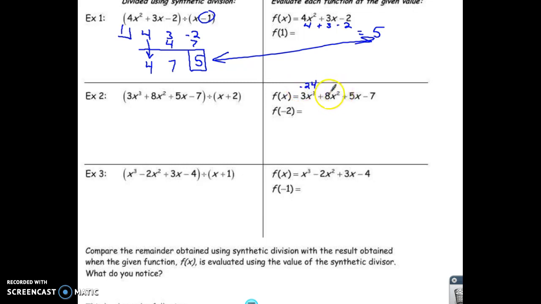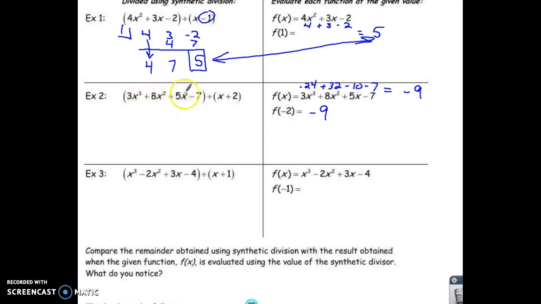We get a 4 times 8 is a 32. And negative 2, that would be a negative 10 minus 7. And that's going to equal a negative 9. So this cubic, when you graph it, when x is negative 2, my y value is negative 9. I really do think that was a lot of work, but let's synthetically divide.